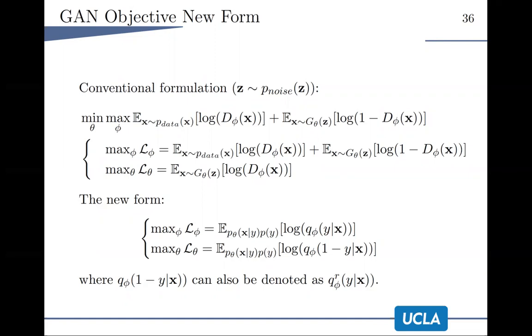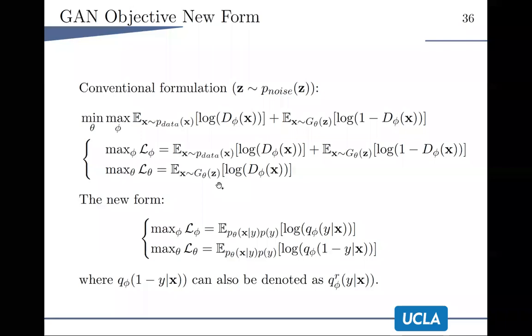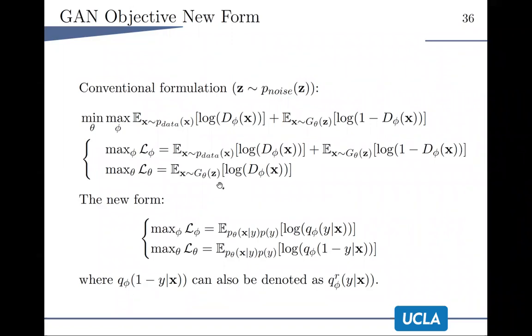Okay, so how about the second line? The second line only comes from the synthetic data. This time, when we train it, we want the prediction to be fooled. We try to make the discriminator perform as badly as possible.